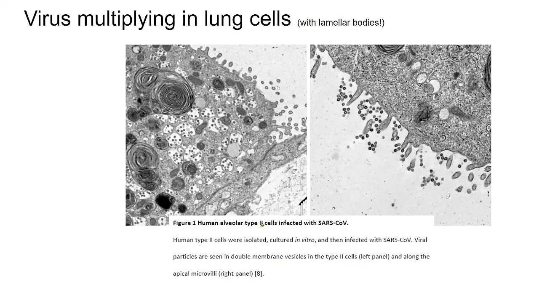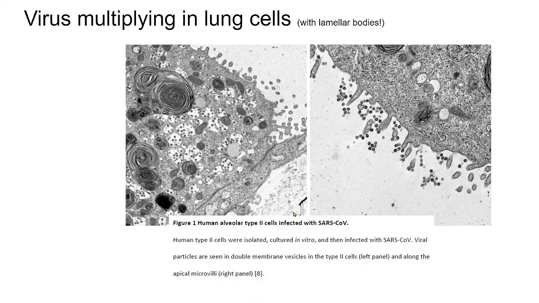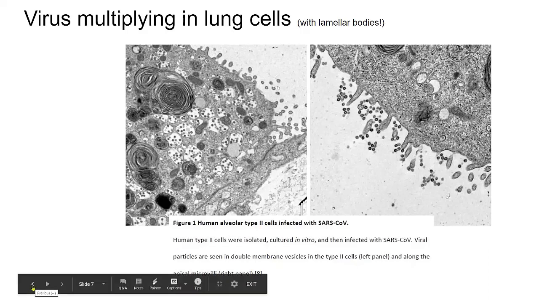So type 2 goes with ACE2. That's a good way to remember it. This type of cell turns out to be extremely important, and the fact that it is attacked does a lot to explain why this virus is so deadly to humans. That'll be in my next set of slides.